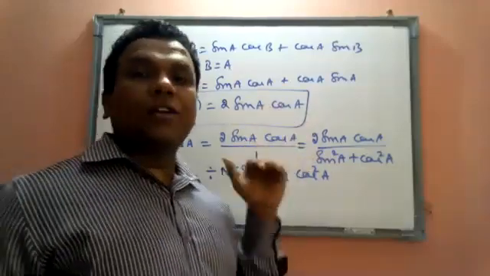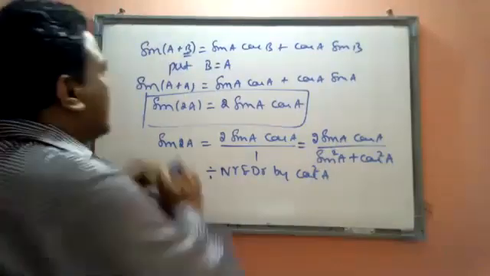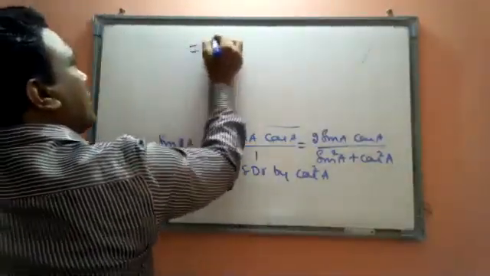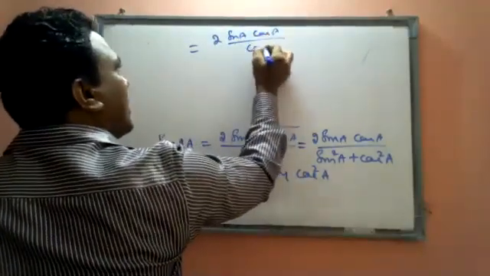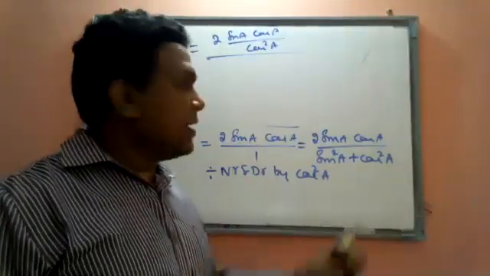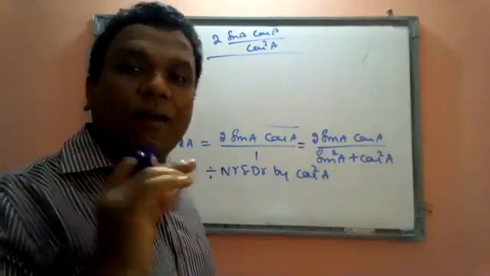Divide numerator and denominator by cos square a. So the numerator becomes 2 sin a cos a divided by cos square a, since I have divided the numerator by cos square a. Similarly, in the denominator, divide each term by cos square a.